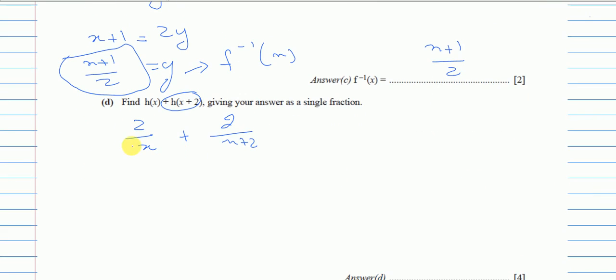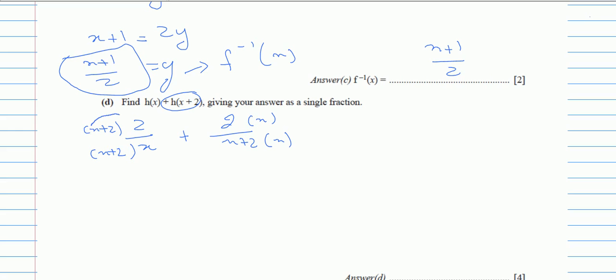Now all I have to do is solve this, and I will get my 4 marks, which is quite easy. The base is not the same, so we have to make the base the same. This one doesn't have x plus 2, so we'll give it x plus 2, but we also have to multiply up to have a fair comparison. This one doesn't have x, so we have to multiply up again.